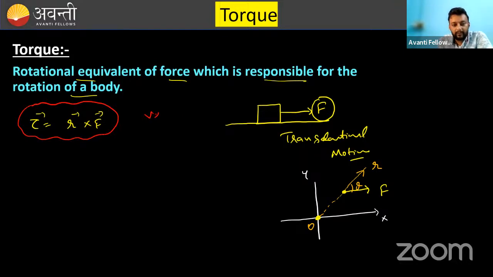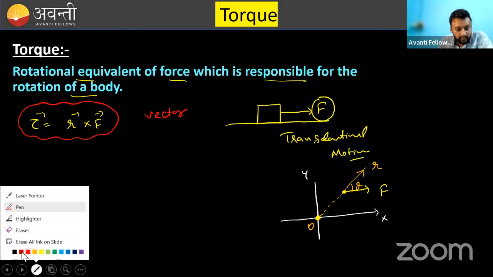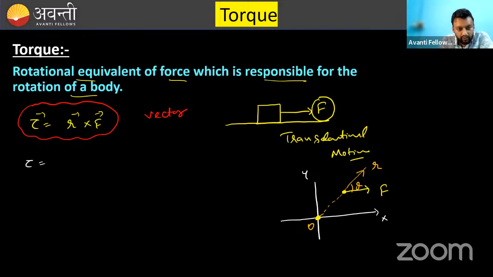Torque is a vector quantity. If I expand this R cross F, it becomes tau is equal to R F sine theta, and there will be a direction, let's suppose n cap. Tau is R F sine theta n cap.